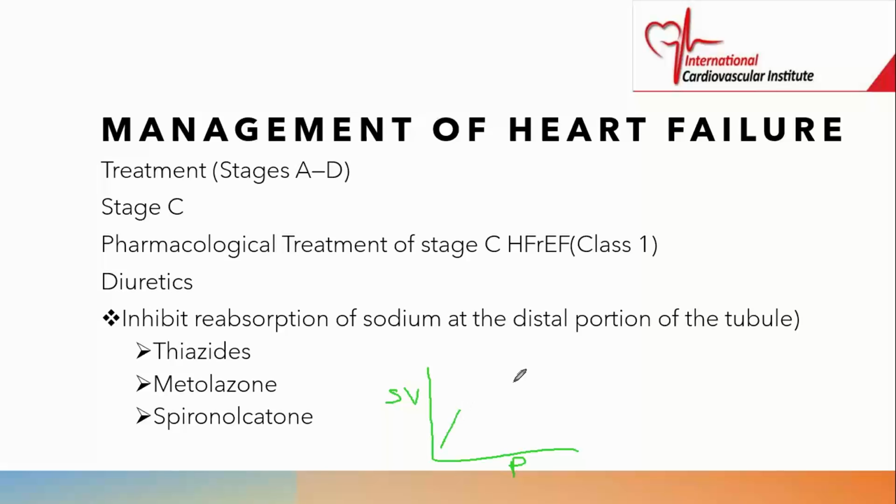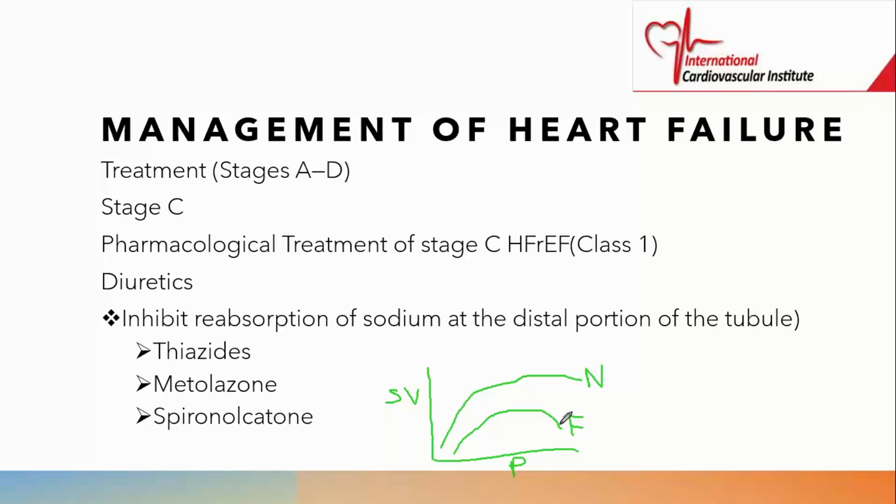The normal curve looks something like that, and then the failing curve looks a little bit more dramatic. So this would be our normal curve right up here, and this is the heart failure curve, or the failing heart curve.